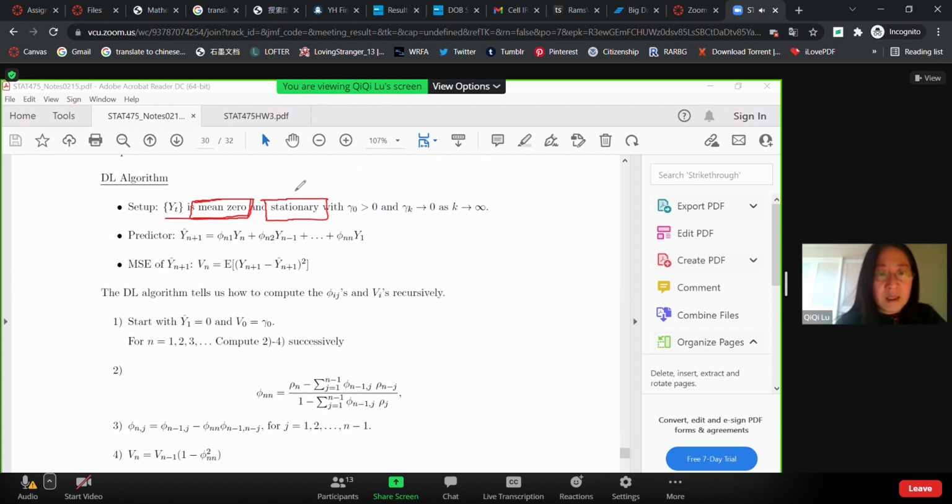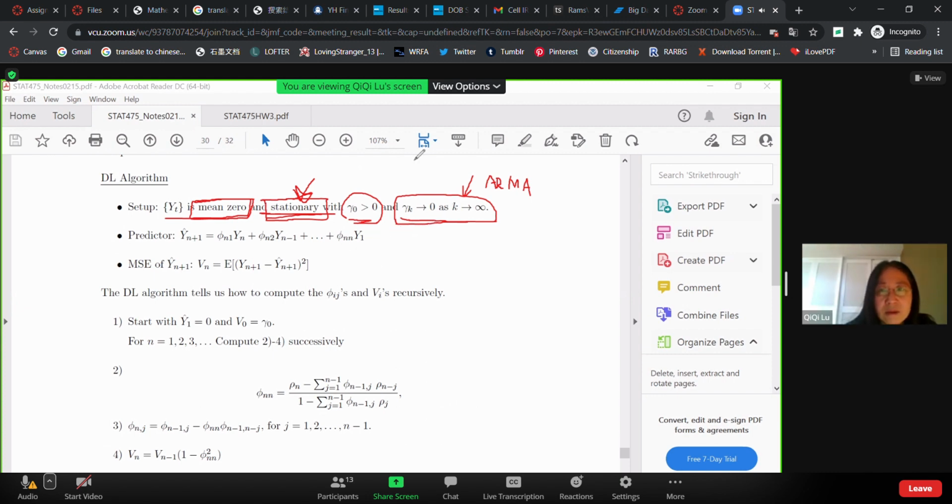But Yt must be stationary. If your time series is non-stationary, you cannot apply the DL algorithm. You also need the variance to be constant and gamma k going to 0 as k goes to infinity. We know the ARMA model, so all causal ARMA models satisfy this condition.